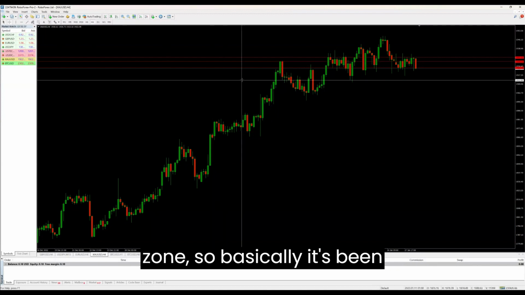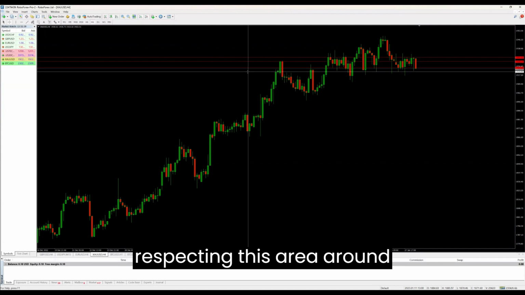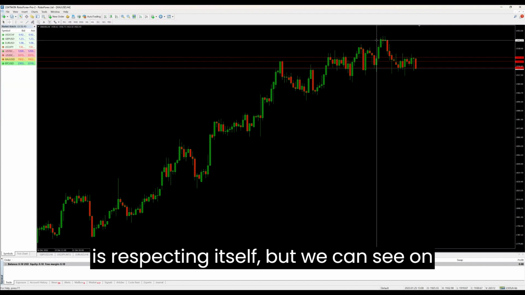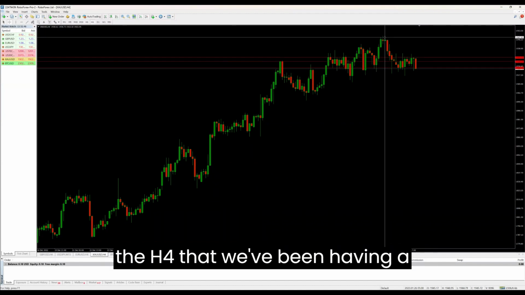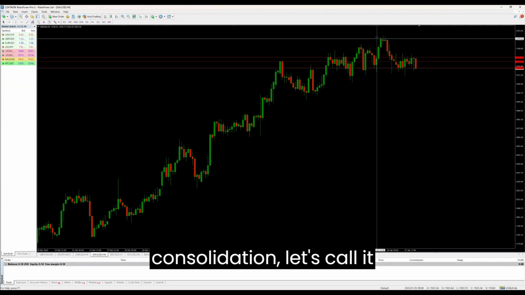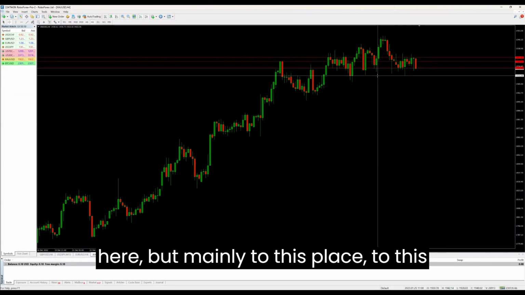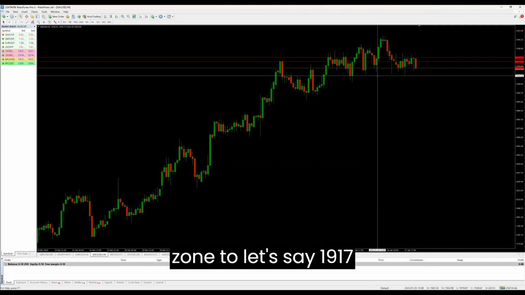So basically, it's been respecting this area around here. So the trend is respecting itself, but we can see on the H4 that we've been having a consolidation. Let's call it a consolidation. So basically, from here to here, but mainly to this zone, let's say 1917 or 1916.